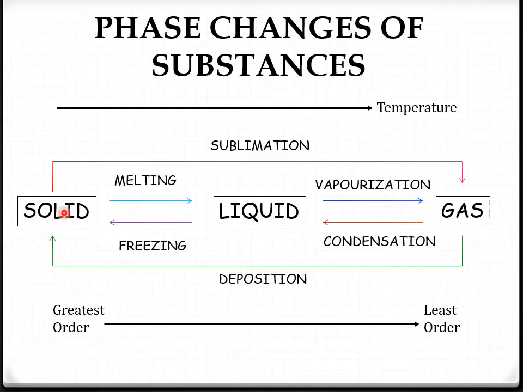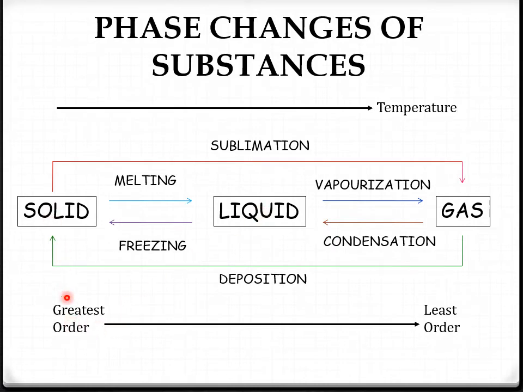How about the transformation between solid and liquid? The solid undergoes melting to form a liquid, and liquid will undergo freezing to form solid. Liquid will undergo vaporization to form gas, and gas will undergo condensation to form liquid.